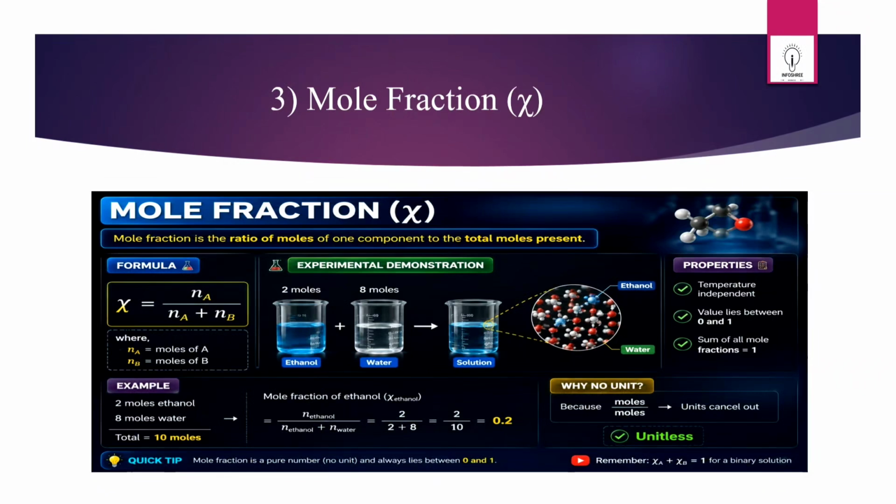Formula: A divided by A plus B. For an experimental demonstration, take 2 moles of ethanol and 8 moles of water, so the solution becomes 10 moles.